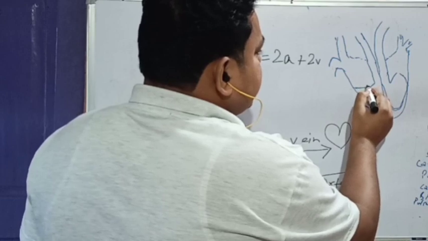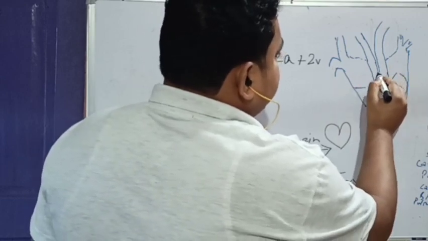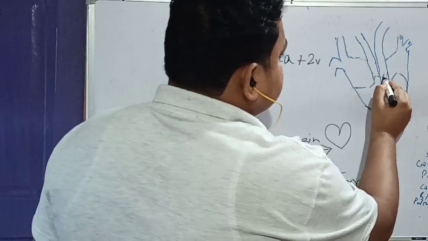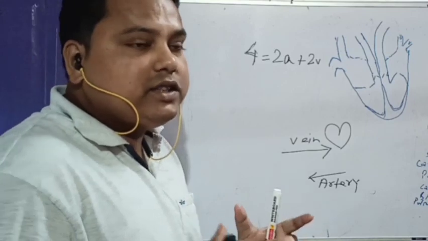Then from the right atrium, these are the valves, and there is also a valve here, and here is also a valve. What is a valve? It maintains unidirectional flow.